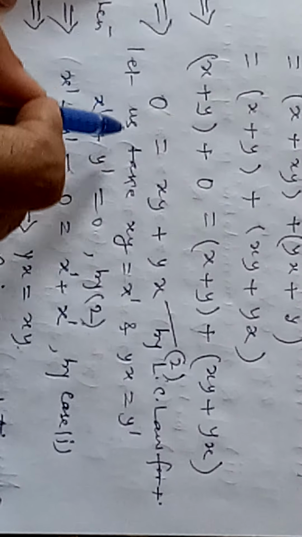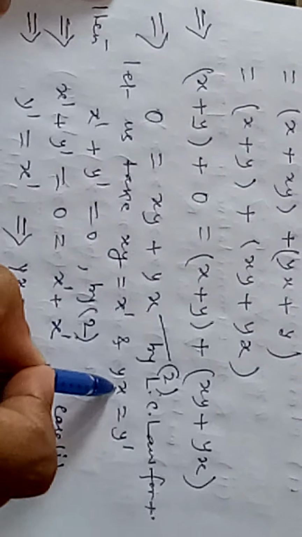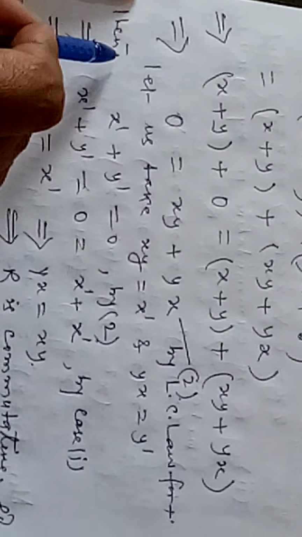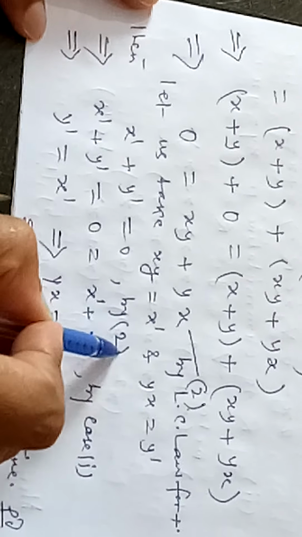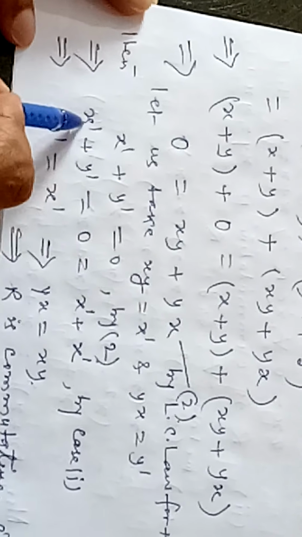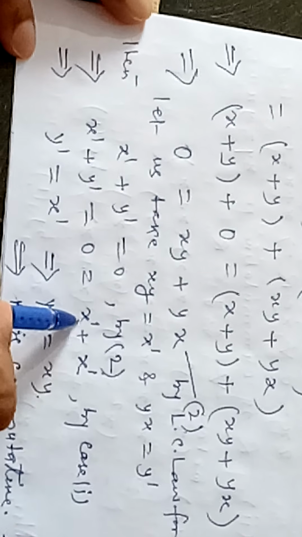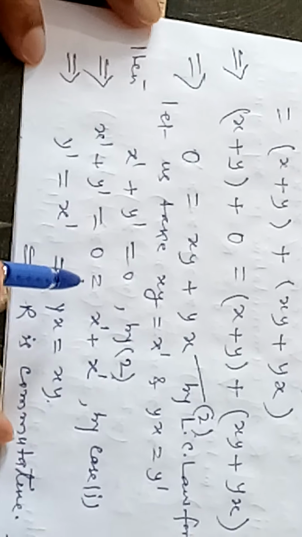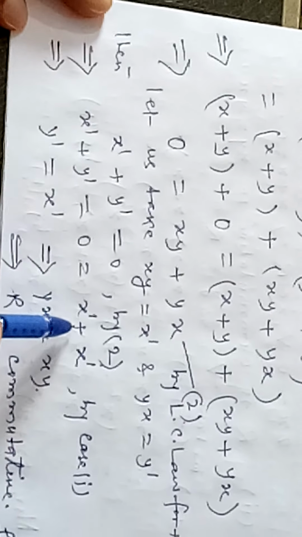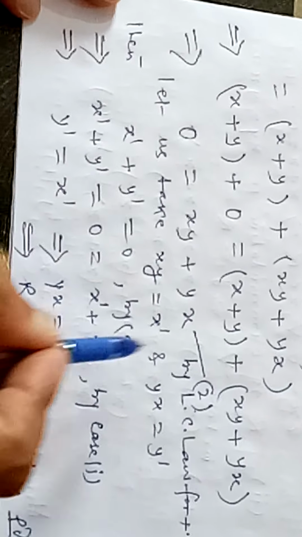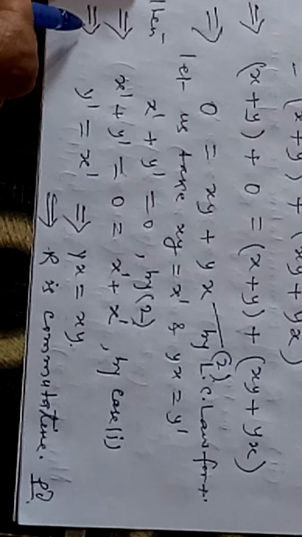Let us take x·y is equal to x dash and yx is equal to y dash. Then x dash plus y dash is equal to 0 by 2. This implies x dash plus y dash is equal to 0, which is equal to x dash plus x dash by case 1, because the characteristic of R is 2, and we have proved earlier x plus x is equal to 0.